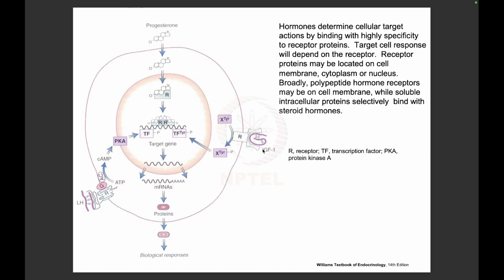And the other mechanism is for the tyrosine kinase hormones. For example, IGF, the growth factor, binds to the receptor that ultimately phosphorylates the tyrosine, and that will further activate the transcription factor, and the same way the biological response will happen.